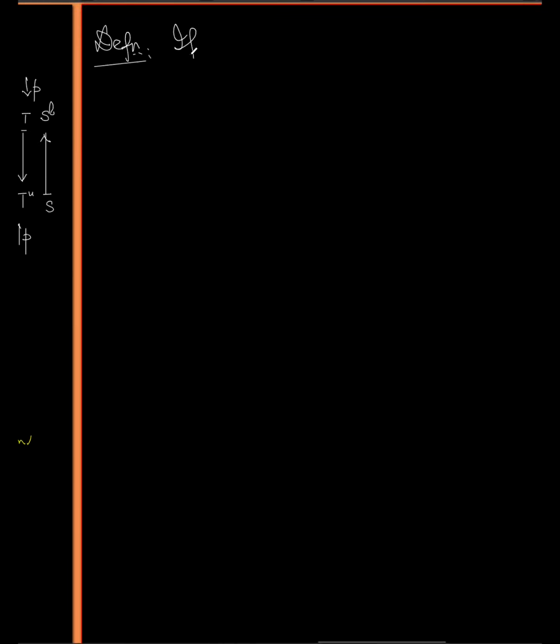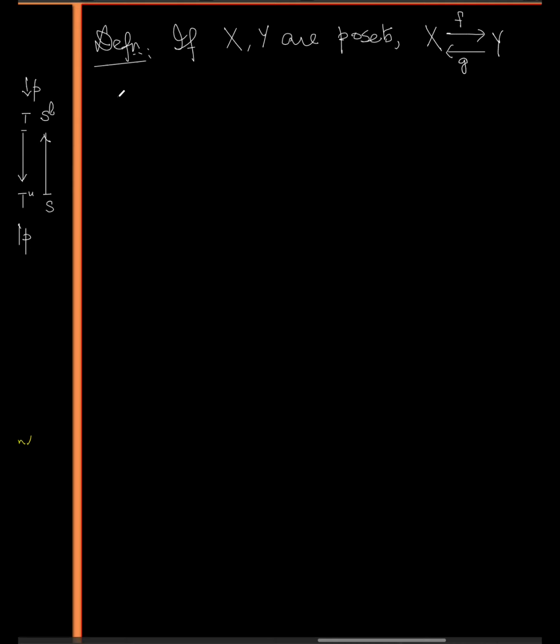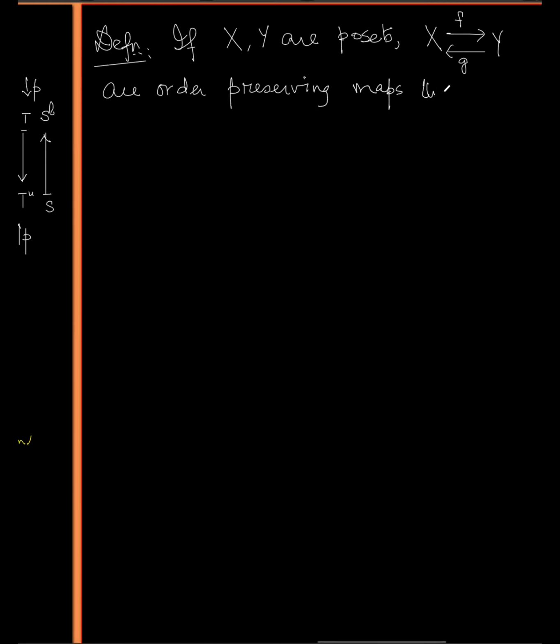If X and Y are posets, and F and G are order preserving maps, then we say there are many things we say.